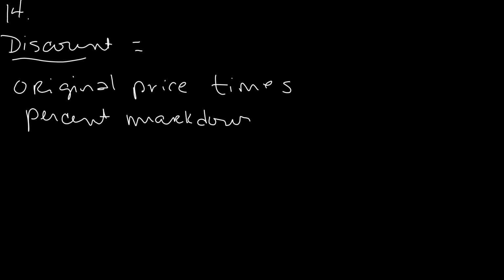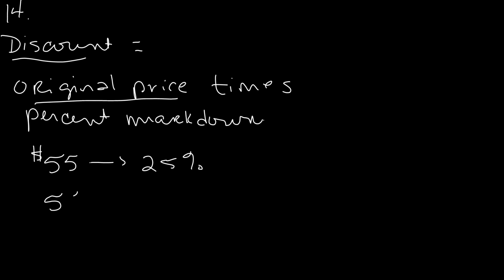And in these problems, they actually give you everything you need. In number 14, it says that the original price is $55 and that the percent markdown is 25%. So in order to find the discount, you take the original price, which is $55, and you multiply it by the percent markdown, which is 0.25, because we need to change that percent to a decimal.